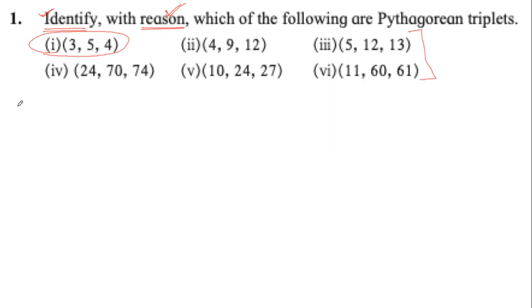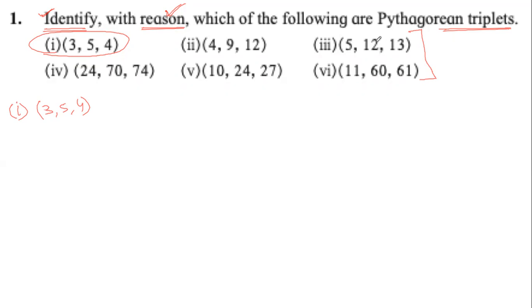So if we look at the first, the numbers given are 3, 5, and 4. Remember, Pythagorean triplets are a group of 3 numbers that satisfy the Pythagoras theorem, to put it simply.